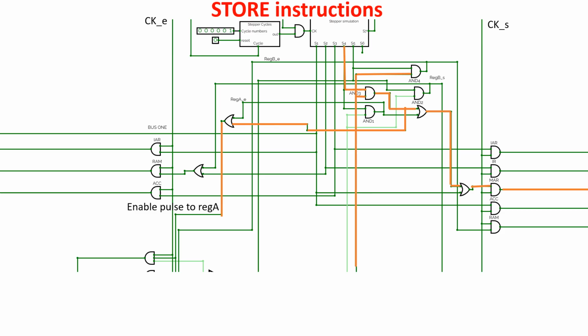When step 5 arrives, we give an enable pulse to reg B to put the content on the bus and a set pulse to RAM to store it in the right cell. So the store instruction also needs only step 4 and step 5.